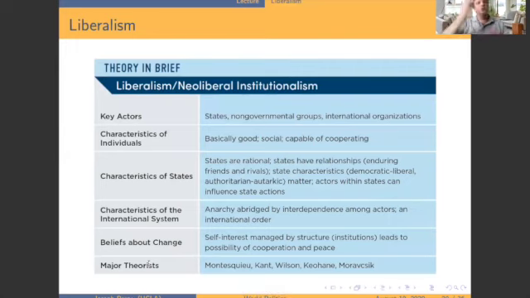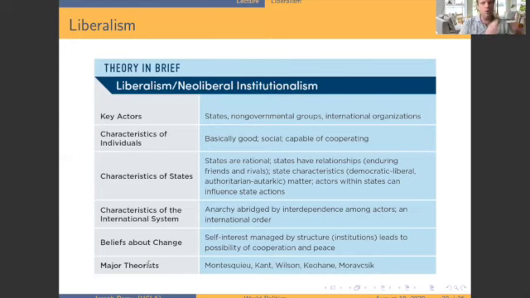Okay, so the next school that we'll be talking about is liberalism. Depending on what school, that is to say, what university you go to, liberalism may or may not be the dominant school of thought to explain international relations. Here at UCLA, for example, liberalism is pretty much the dominant school of thought to explain international relations.